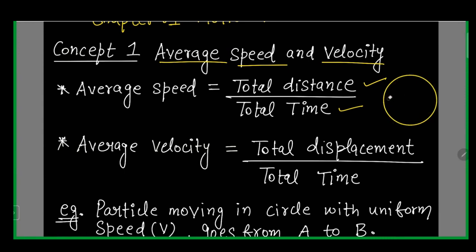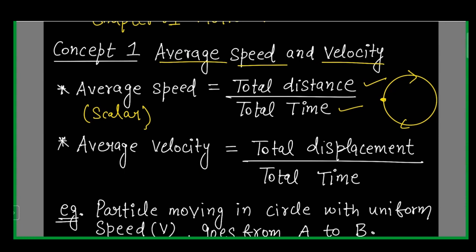So this entire length or entire circumference which you have traveled is known as distance, divided by total time. Total time means whatever time you have taken to complete the motion. Now this was average speed. This is a scalar quantity. There is no direction. It is simply a scalar quantity.